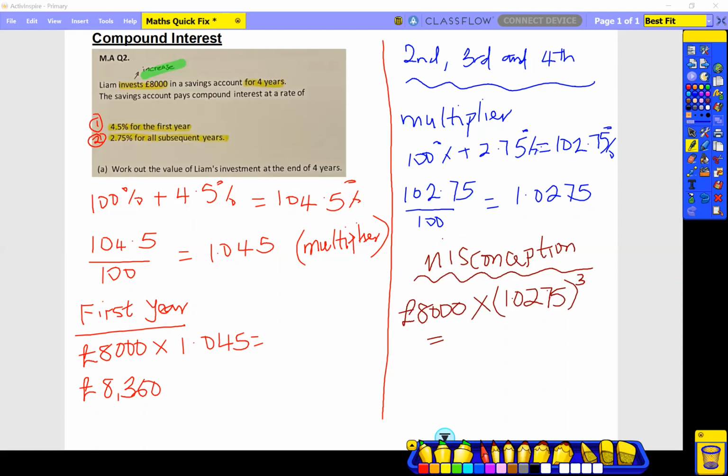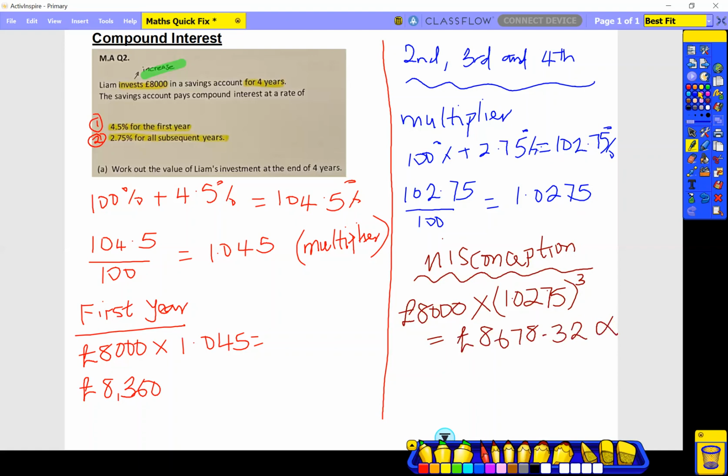So it's 8,000 times 1.0275 to the power of 3, in which case the student will be getting 8,678.32. Why is this wrong?